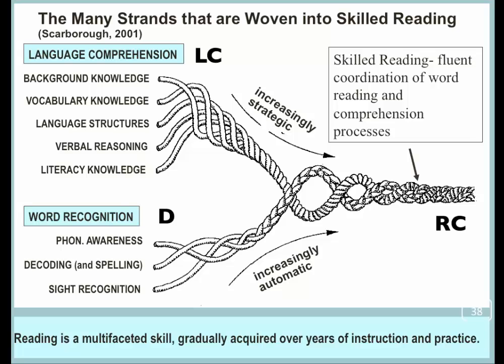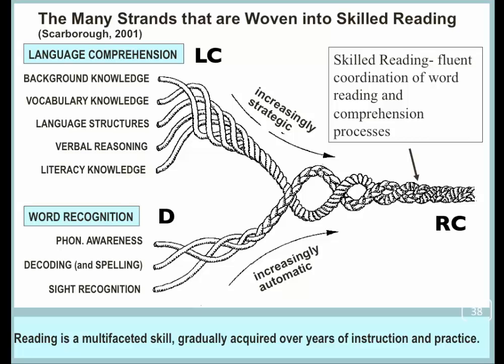The bottom of the rope shows what's required in terms of word reading or decoding. And those 3 strands include having phonemic awareness, which Jewel spoke about and I'll talk a little bit more about, being able to read words automatically and accurately, and being able to look at words and automatically know what that word is.